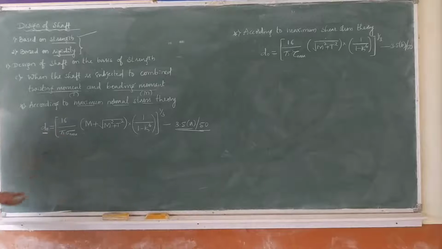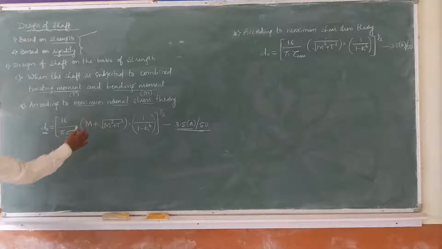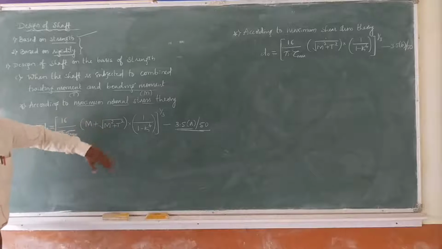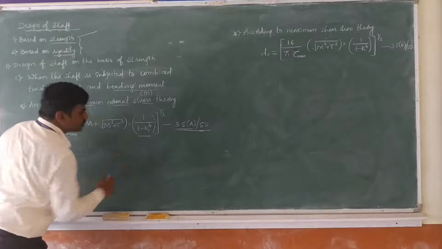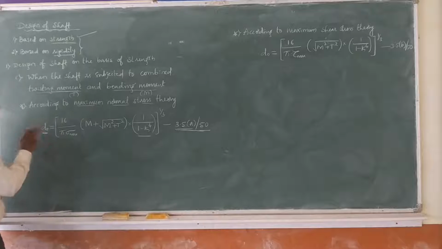Now this particular equation is only for finding the diameter in the case of a hollow shaft. Now how to modify the equation for the case of a solid shaft? I told you in the previous case how to convert the equation which is for a hollow shaft. In this equation, the K term and the D naught term are there.